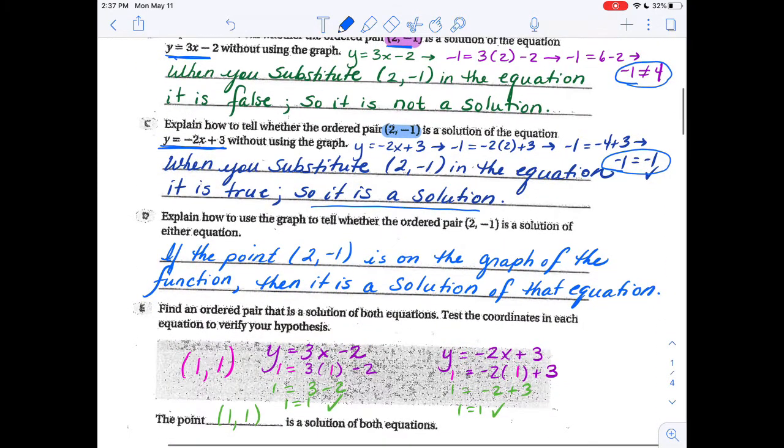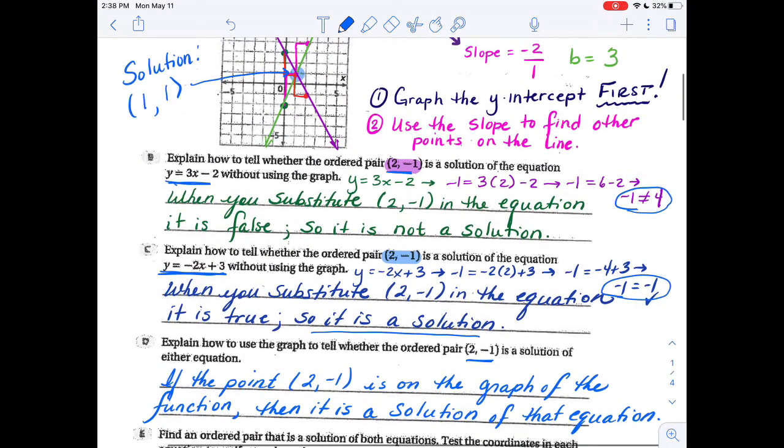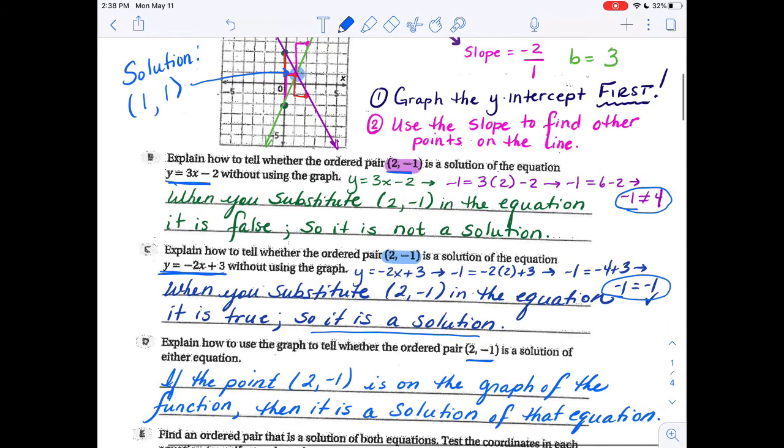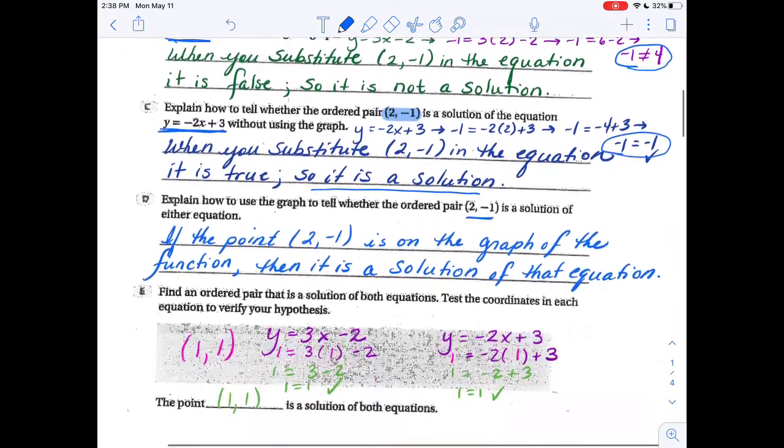And then right there, going ahead and saying, explain how the graph can tell you if it is a solution or not. Well, look at the point and then look at the line. If it's on the line, it is a solution. If it's not on the line, it's not.